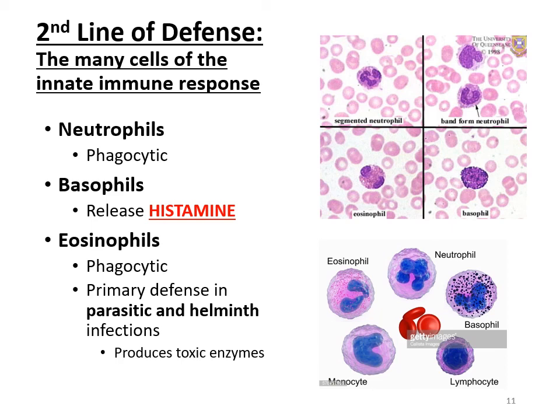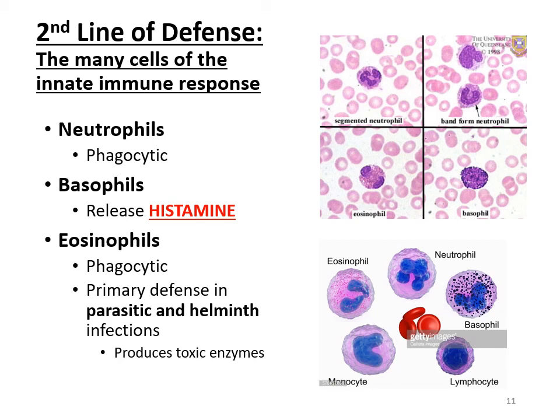You also have eosinophils, and I want you to circle, star, highlight that eosinophils are primarily for parasitic and helminth infections. And next to helminth, write worms. Helminths are worm infections.